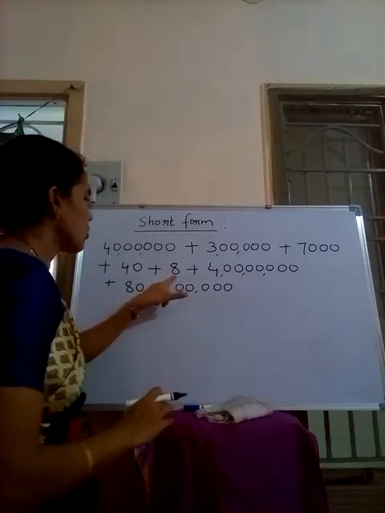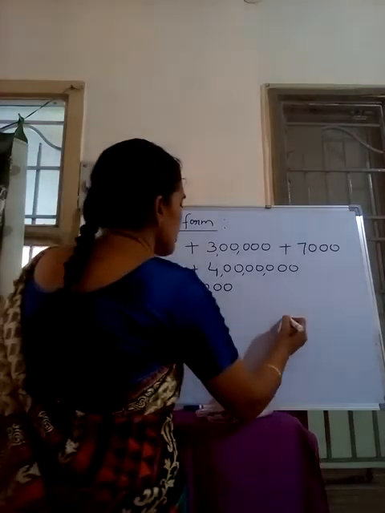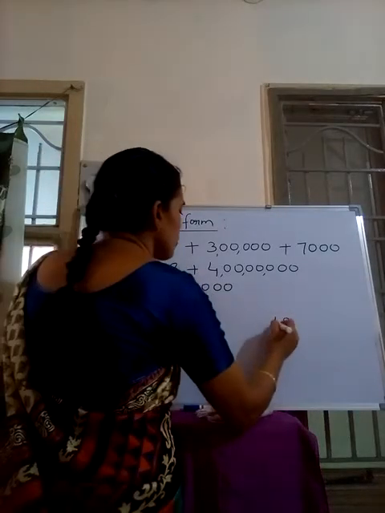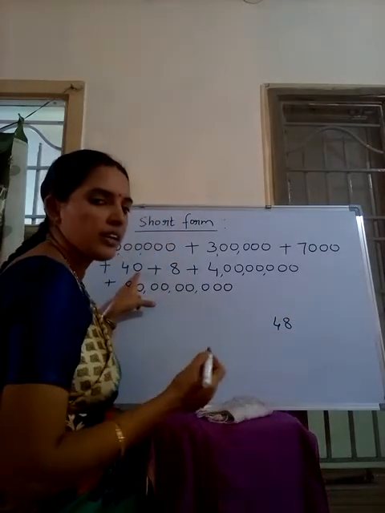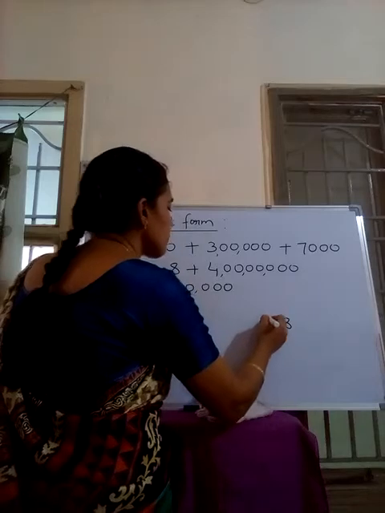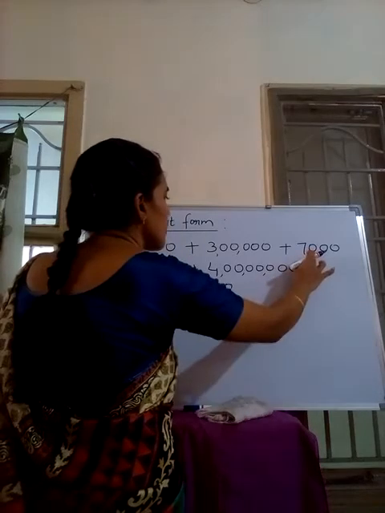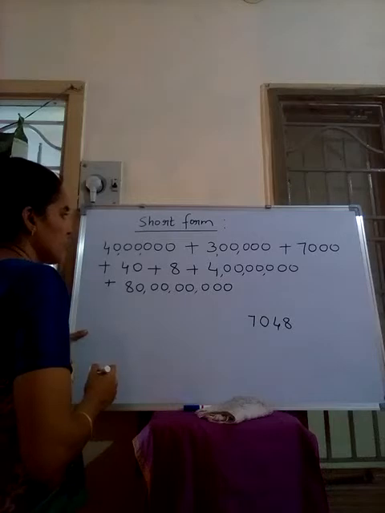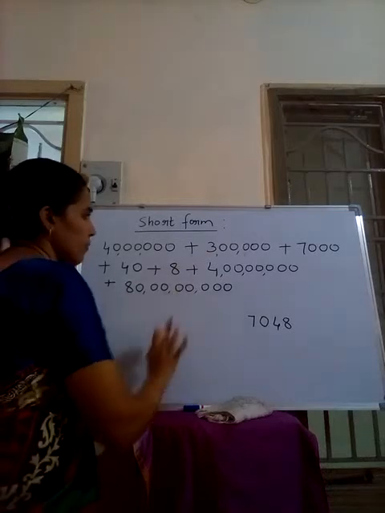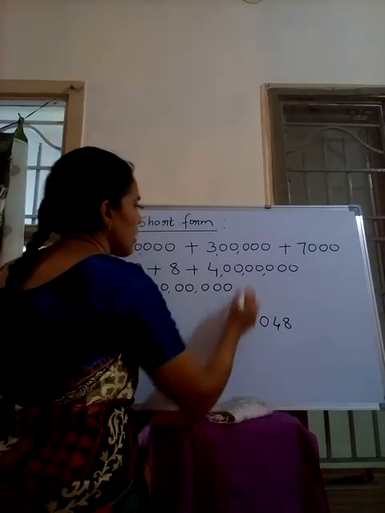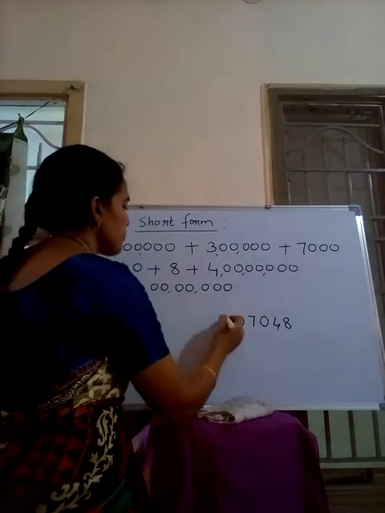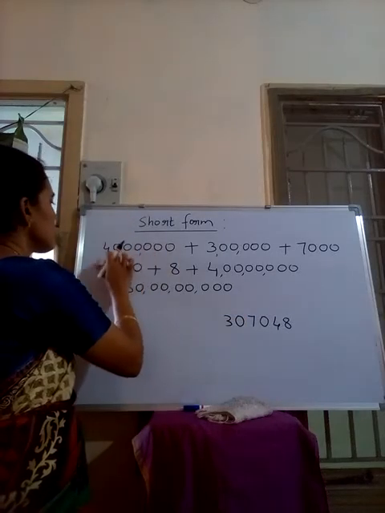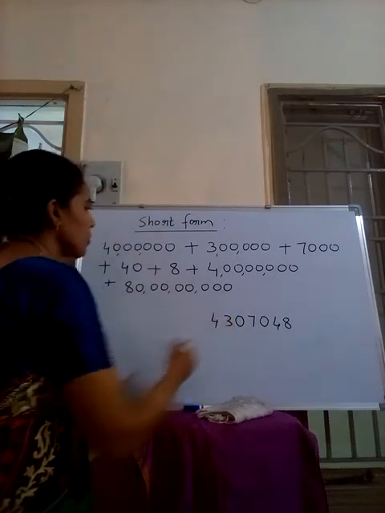First we have to observe the ones place. It is 8. Now tens place is 4. Hundreds place is not there, 0. Then thousands place, 7. Then 10,000s place is not there, 0. Lakhs place is 3. 10 lakhs place, counting 1, 2, 3, 4, 5, that is 4.